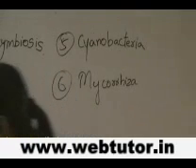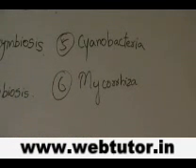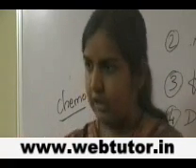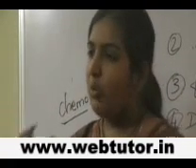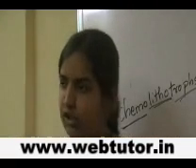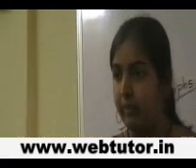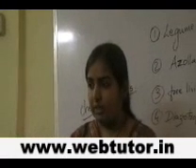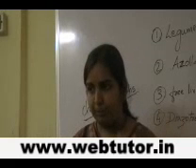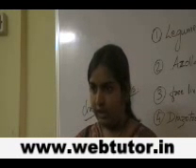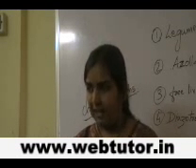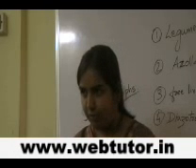Now mycorrhiza can be ectomycorrhiza or endomycorrhiza, that is, they can either be on the surface or inside. This is also a symbiotic association with the plant. What these mycorrhiza do is they obtain their food from the plant. In a way, they are acting like parasites, if you go to see. They are obtaining their food from the plant.